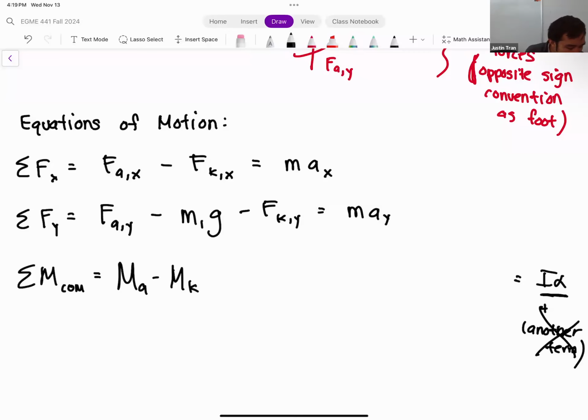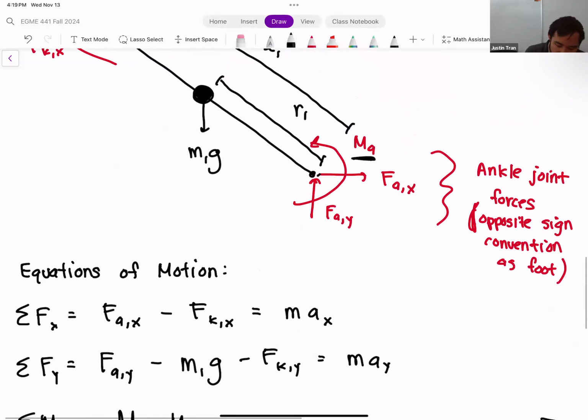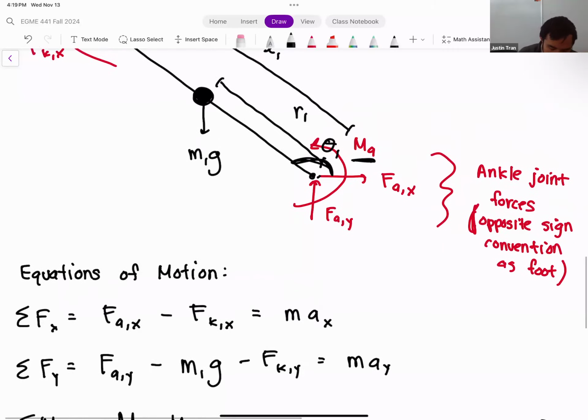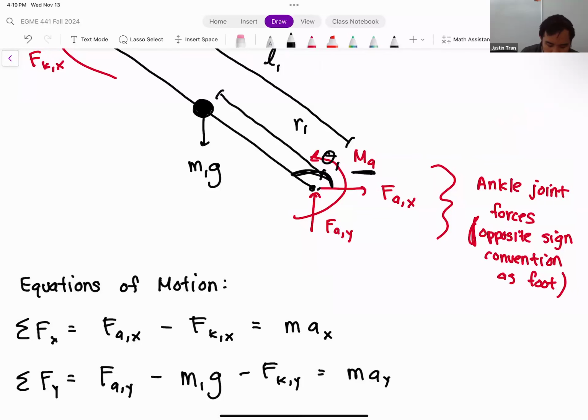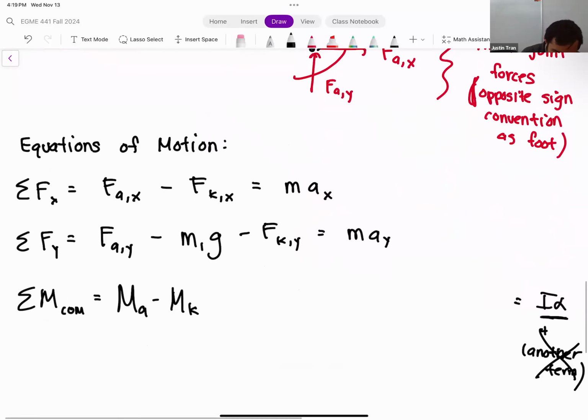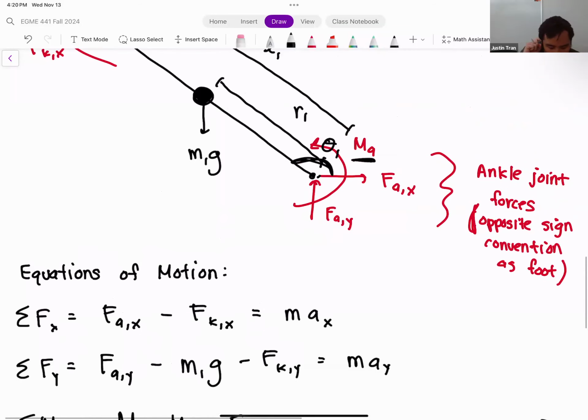Next, we have the moments that are contributed from the angle forces. Okay. So we have FAX right here, and it might help to draw this angle here. Right. So the angle that the lower leg makes with the horizontal is θ1. So we know that information just based on our kinematic motion capture study. Okay. So we can compute the moment arm for this force here. Okay. So we have FAX multiplied by the vertical distance.